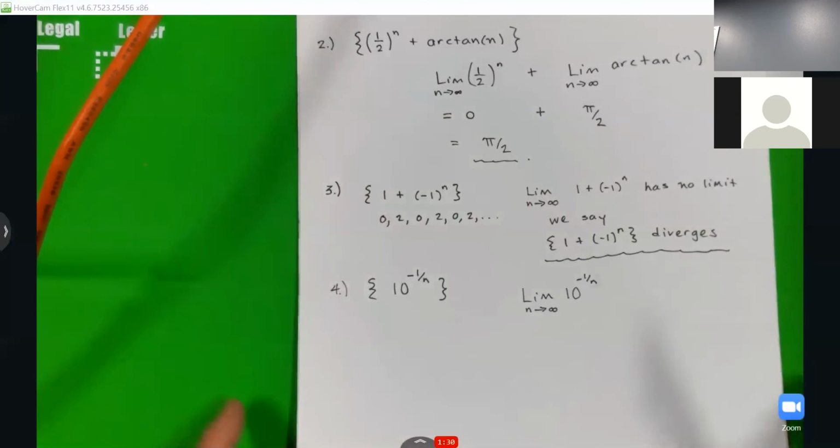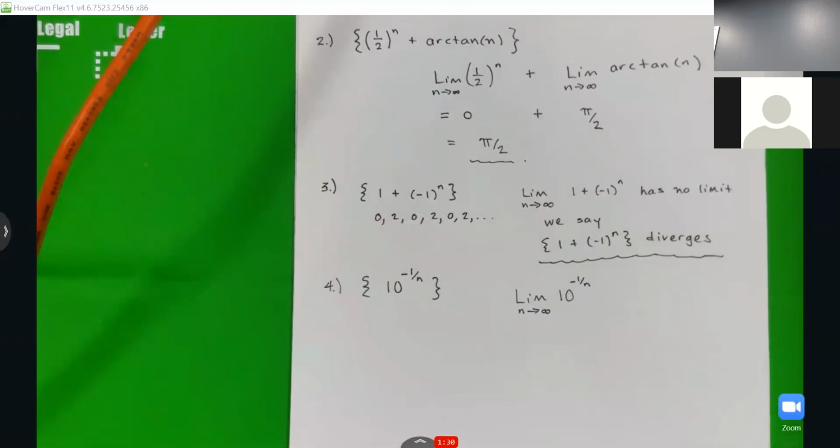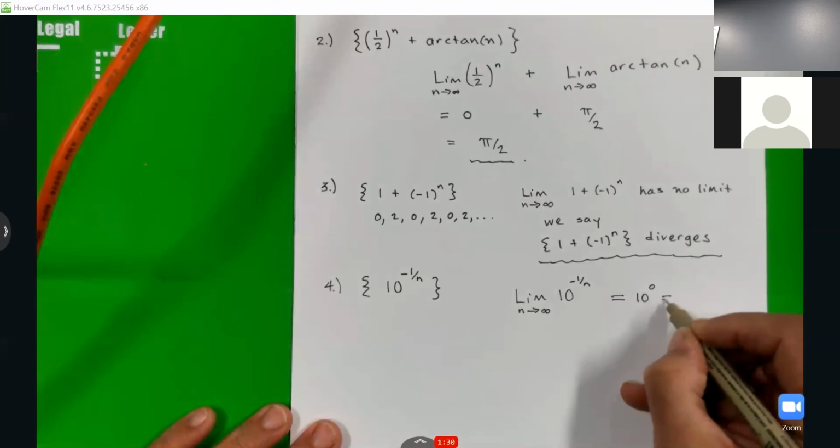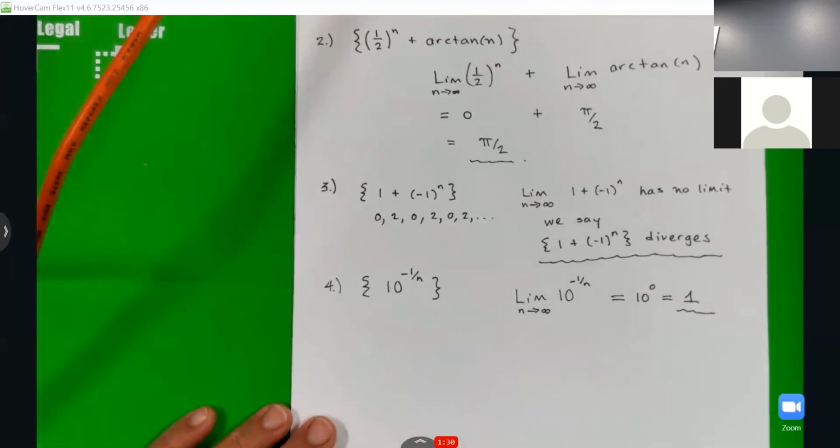Easy? Can you get it before you write it down? You need to do some steps. You can do it where the n is. Go up there where the n is. Replace n by a very large number. Negative 1 over a large number. What's 1 over infinity? 0. Negative 1 over infinity is still 0. So this behaves like 10 to the 0. So this has a limit of 1. The sequence converges to 1.